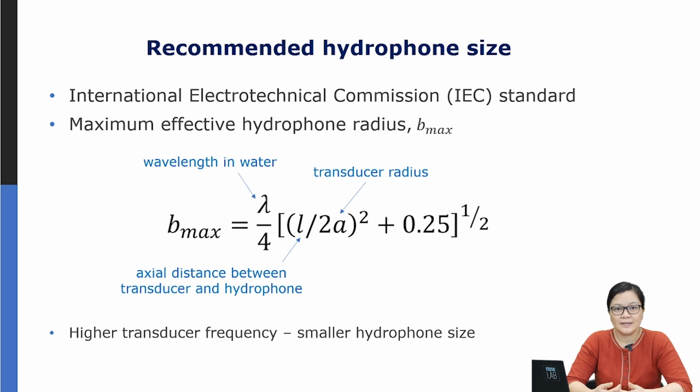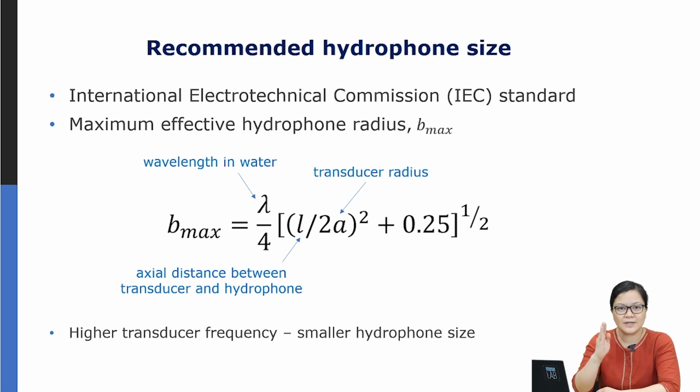And what they have recommended for the maximum effective hydrophone radius, which is defined in this equation by Bmax, is according to this equation, which is a function of the wavelength of the sound inside the water, and also the axial distance between the transducer and the hydrophone.